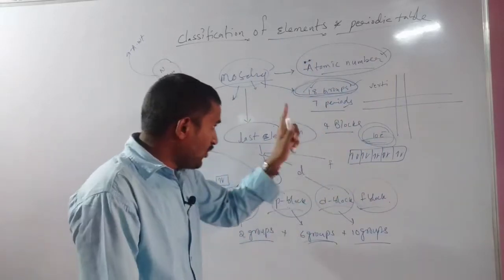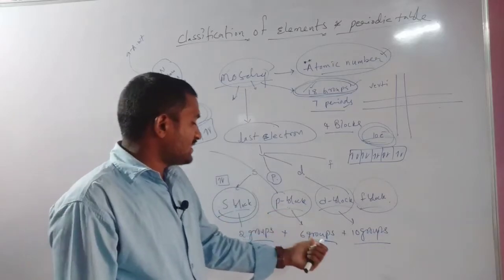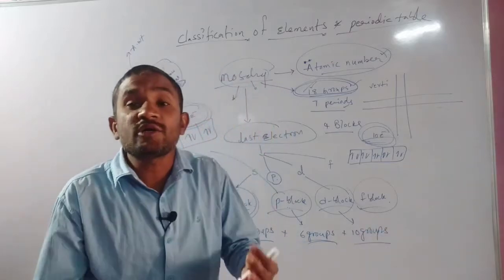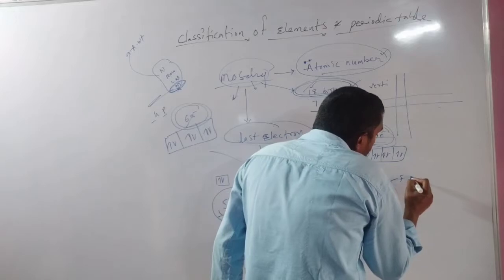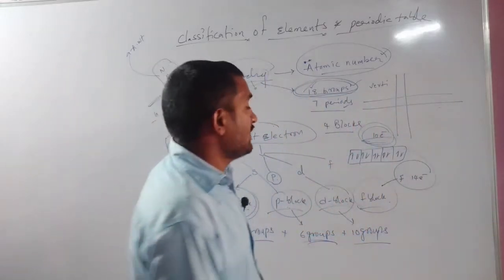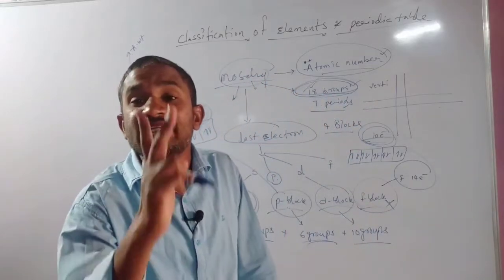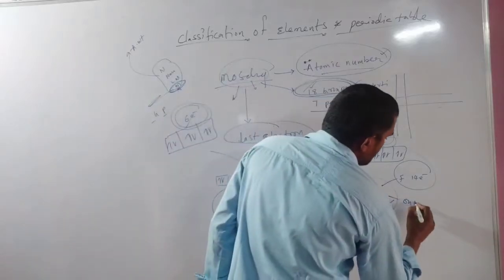That means among these 4 blocks, the S block consists of 2 groups, the P block 6, the D block 10. Sir, what about the F block? Of course, in the F orbital we can fill a maximum of 14 electrons, but there are no groups in the F block. Only 2 periods are present in the F block.